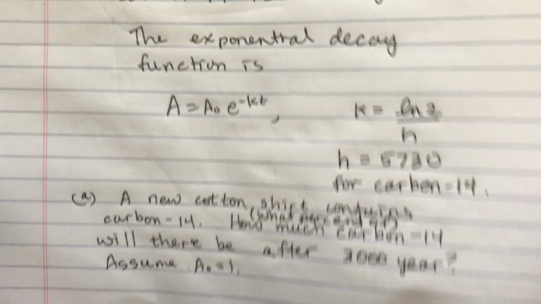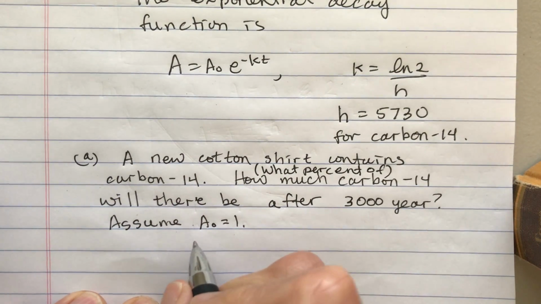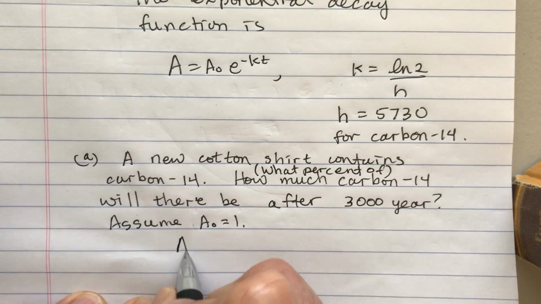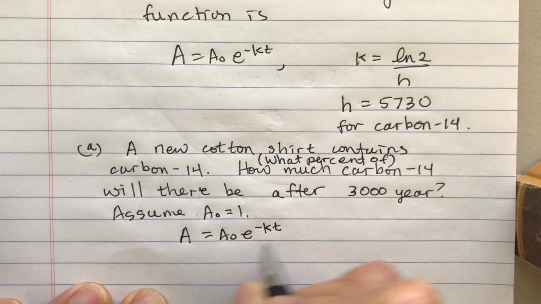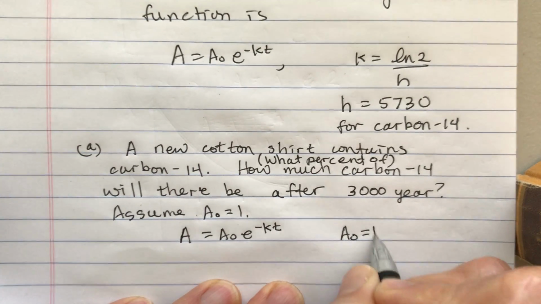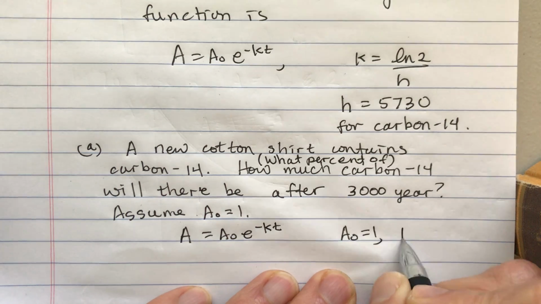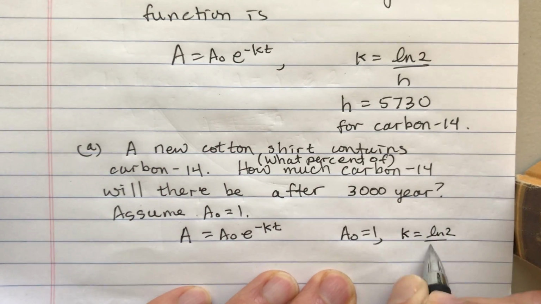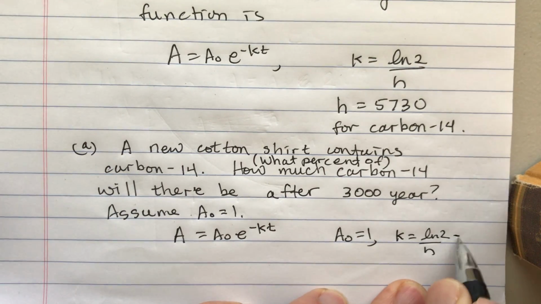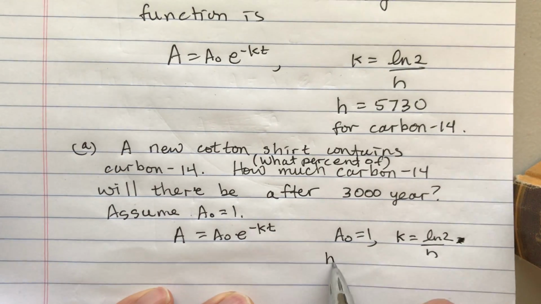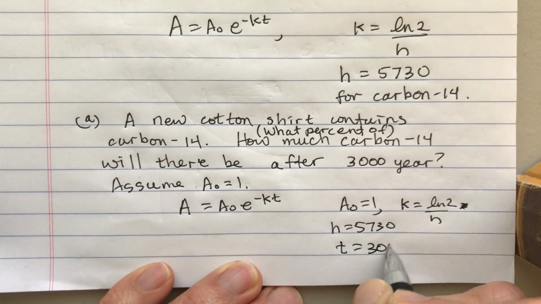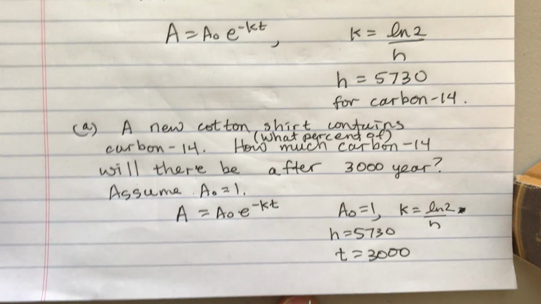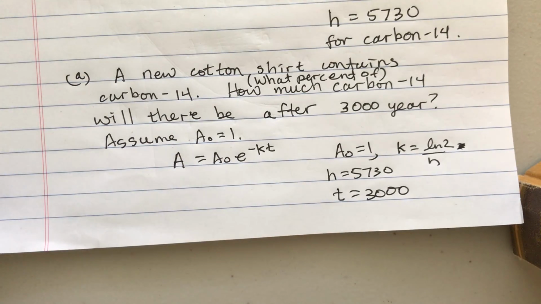Okay, so we're going to use our model here where I have A equals A0 e to the negative kt. And I'm going to put in that A0 is equal to 1. K is equal to ln 2 over h, and h is 5,730. And then I'm letting t equal 3,000.